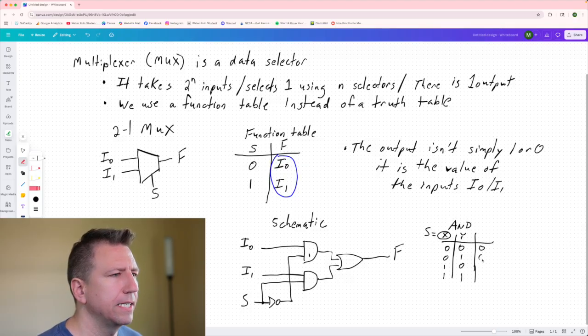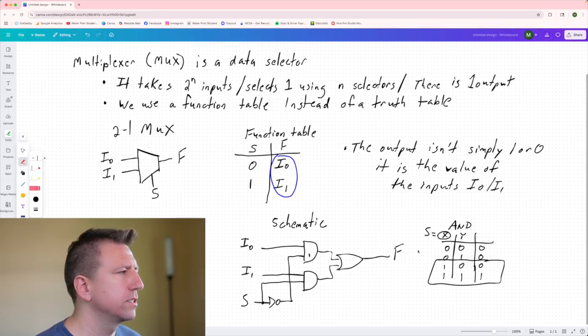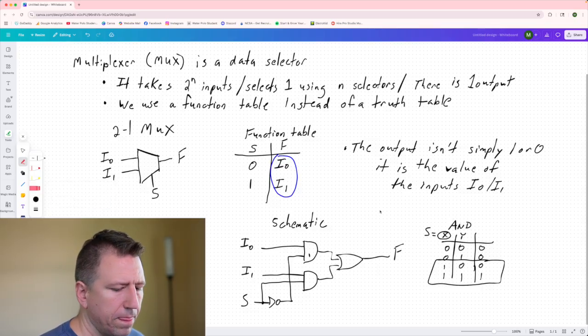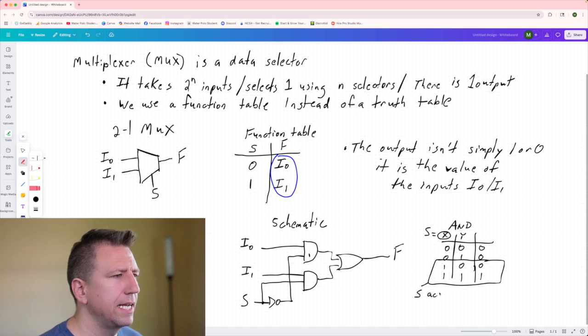Remember, the AND gate looks like 0, 0, 0, 1. So let's look at when S is 1 by looking at these 2 rows at the bottom here. And so S activates an AND gate with a 1.